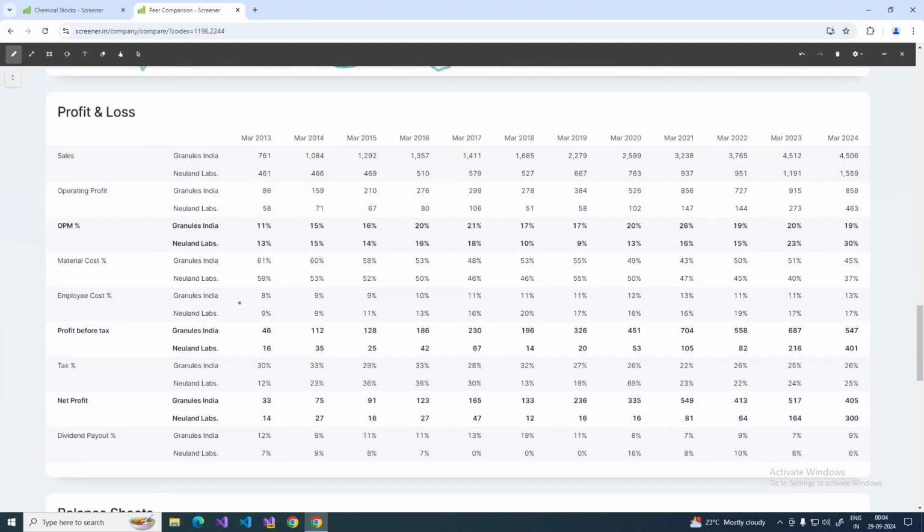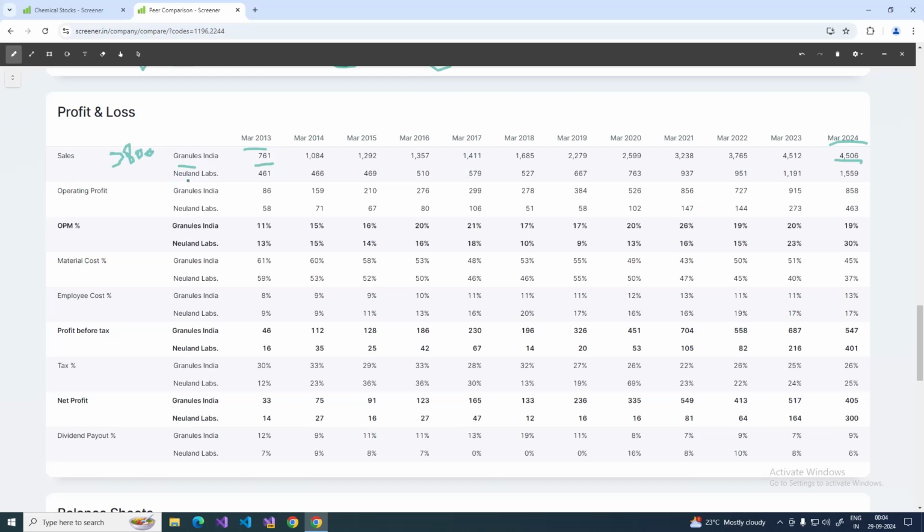Next we will see annual results from 2013 to 2024. In 2013, Granules India sales are 761 crores, going to 4,506 crores. Sales increased from 761 crores to 4,506 crores, which means approximately 3,800 crores of sales increase for Granules India in 10 years.